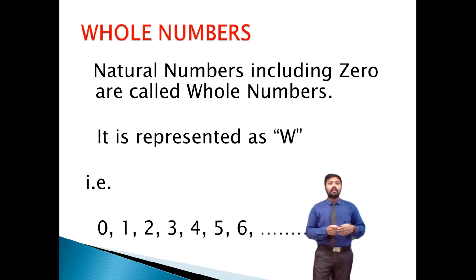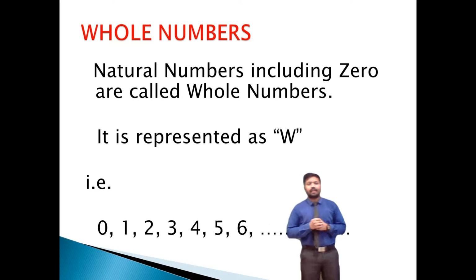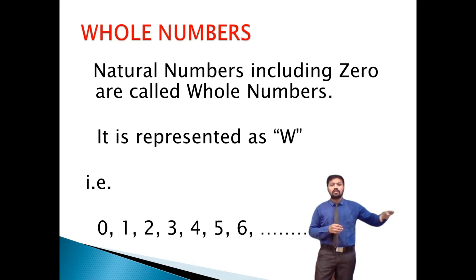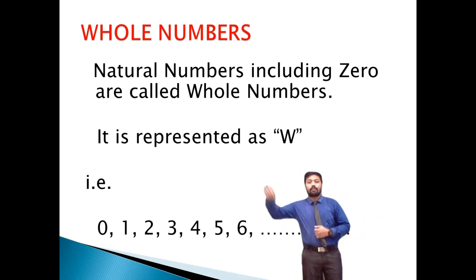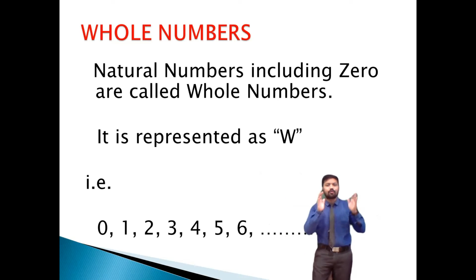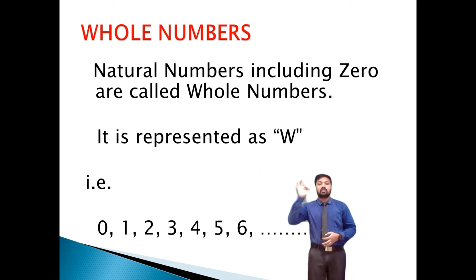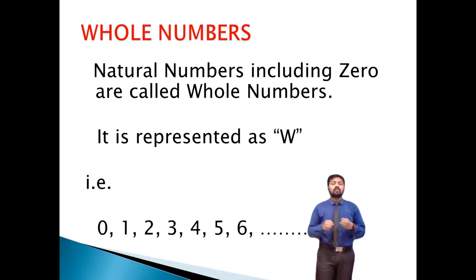The smallest natural number is 1 and the largest natural number is undefined, as we discussed. Here, the smallest whole number will be 0 and the greatest whole number will be, as usual, undefined. So what is the main difference between a natural number and a whole number? It is nothing but 0, which represents nothing.